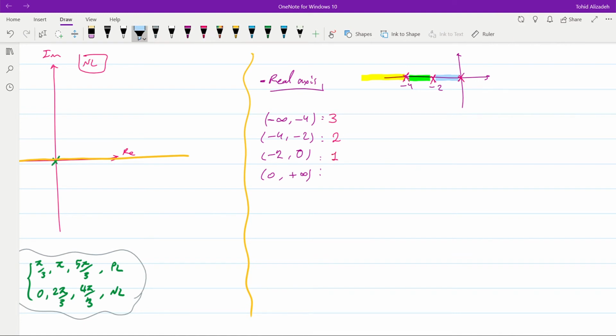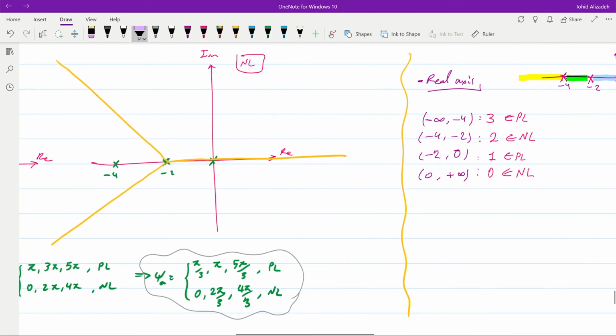And for the segment from the origin till +infinity, there are no poles or zeros on the right hand side, so we have 0. By looking at the numbers, we can say that the first and the third segments belong to the positive locus, and the second and fourth segments belong to our negative locus.